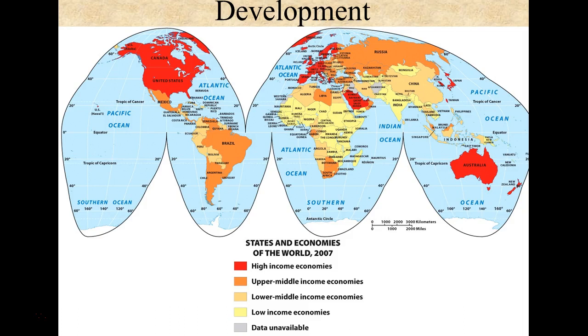This map shows 4 broad classes of development that are based on economics, and you see the high-income countries followed by upper middle income, lower middle income, and finally low-income countries. This map will be the basis of your first assignment.